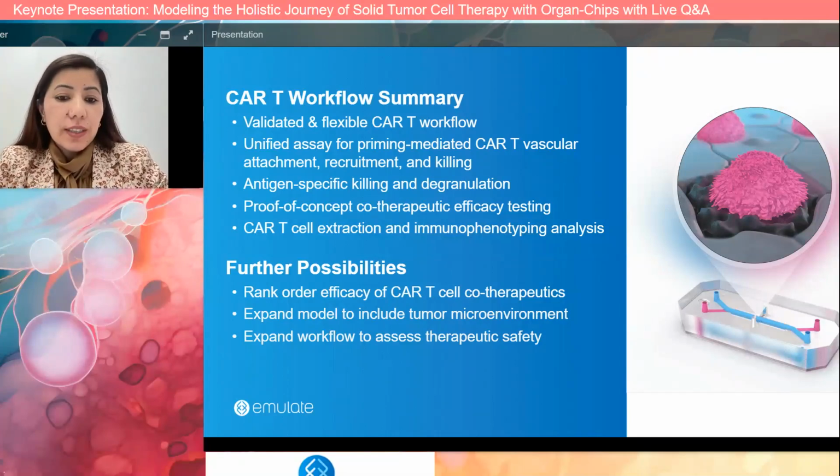And also, this can be expanded to assess therapeutic safety, like on-target off-tumor toxicity that we face currently in the cell therapy space.